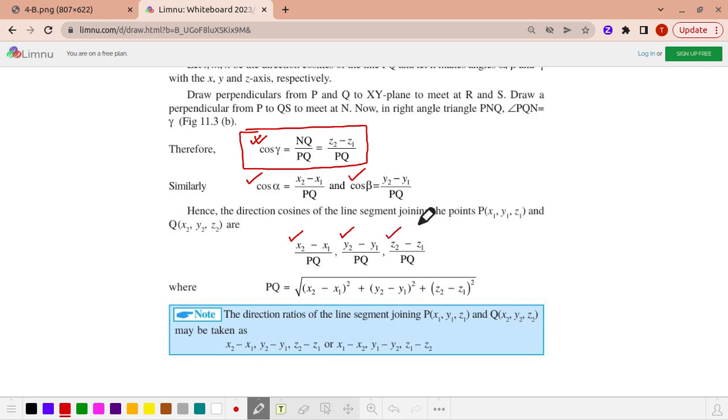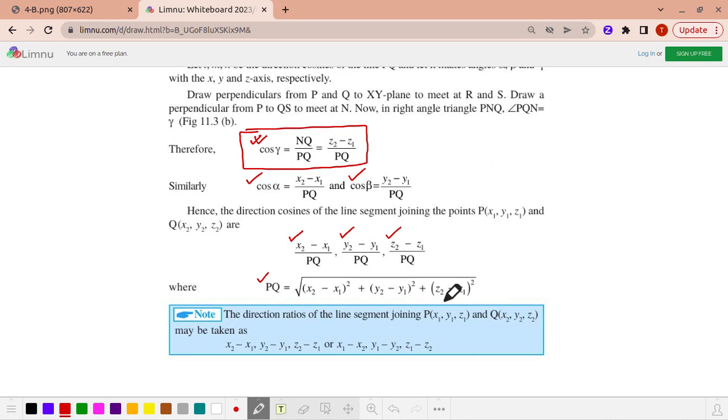But what is PQ? PQ is the distance between the two points P and Q, and as we know their coordinates, we can easily find PQ as the square root of (x2 minus x1) squared plus (y2 minus y1) squared plus (z2 minus z1) squared.